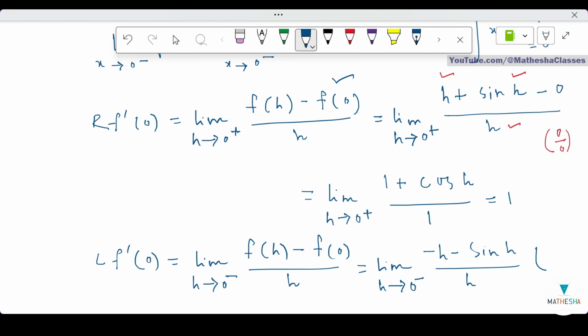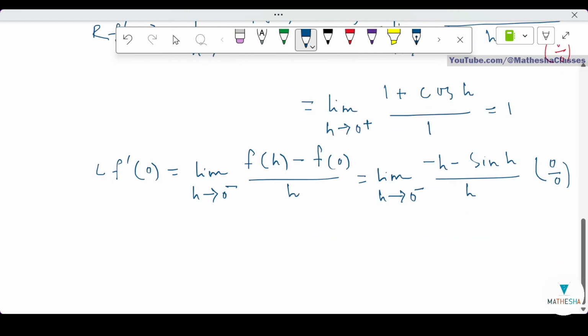So once again it is of the form 0 by 0. By using L'Hopital's rule, we differentiate the numerator and denominator. Differentiating the numerator, we get minus 1 minus cos h, and differentiating the denominator, we get 1.